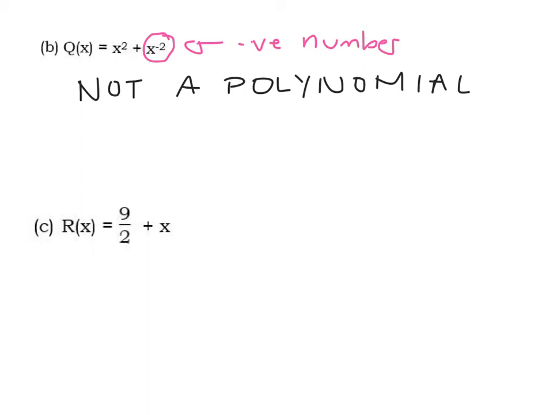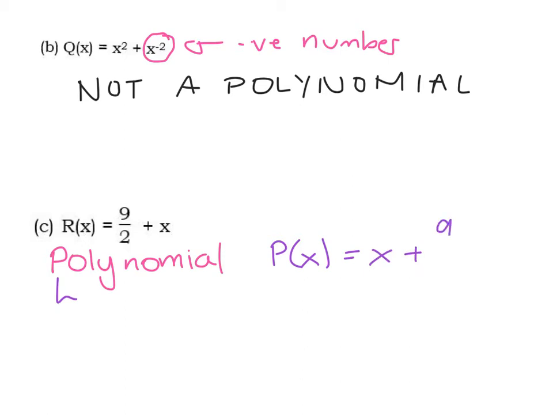If we have a look at r of x, it has a constant term 9/2 and another term just x, so this one is a polynomial. If we put our polynomial first of all in order of degree, so it's going from the highest power to the lowest power, then the leading term is x.